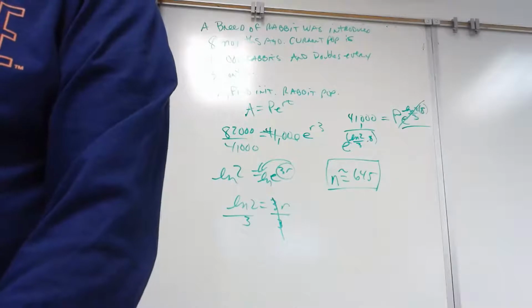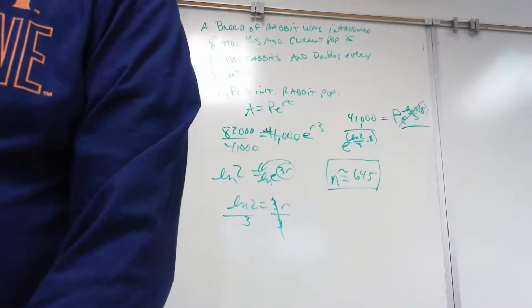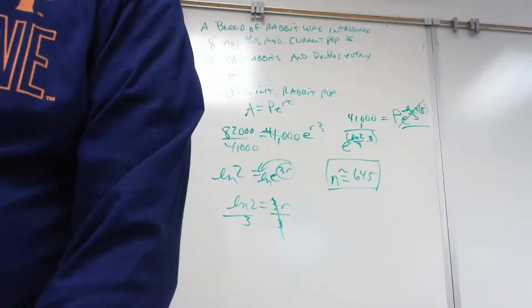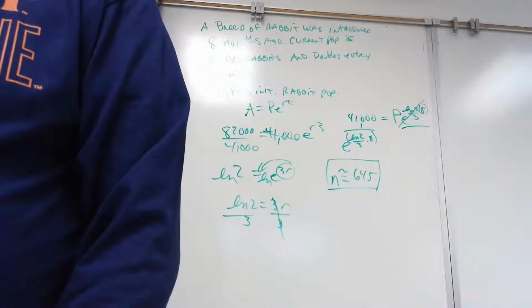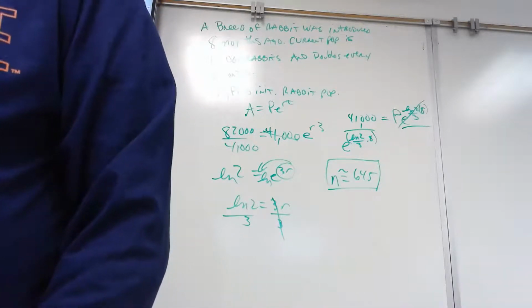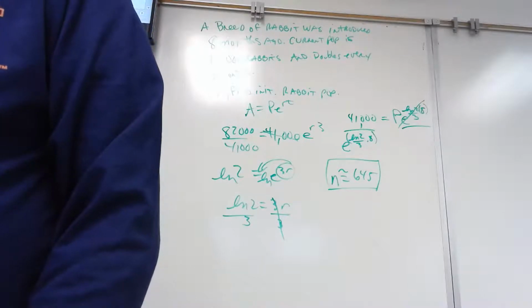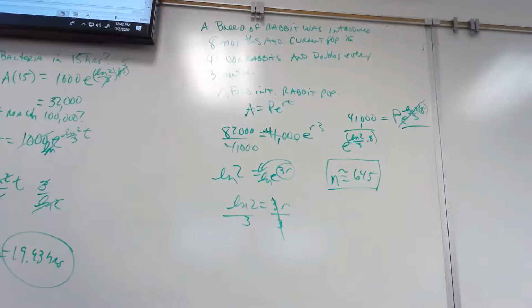41,000, here we'll do it this way. The ln equals the ln of 2. We're going to take that number and divide it by 3. We're going to take that number and multiply it by 8. Oh, except we're not going forward in time, we're going backwards in time.